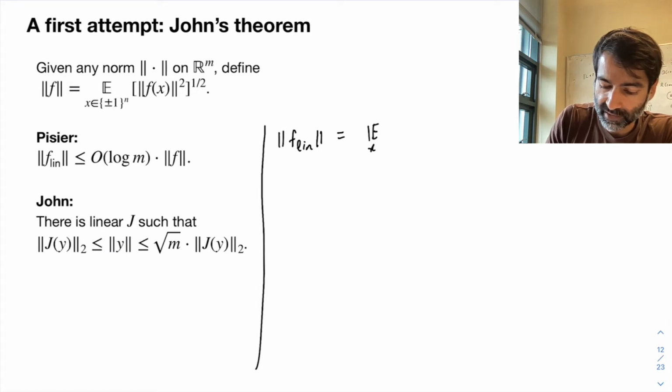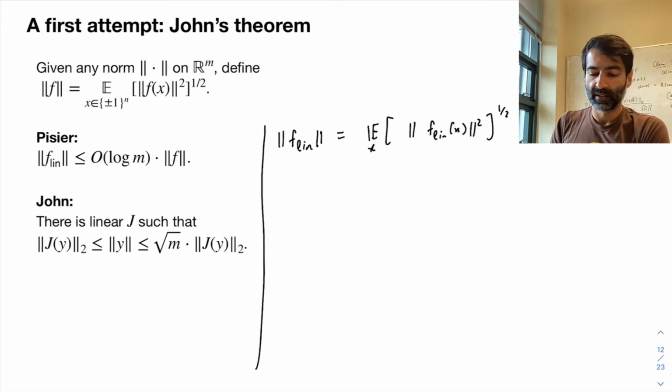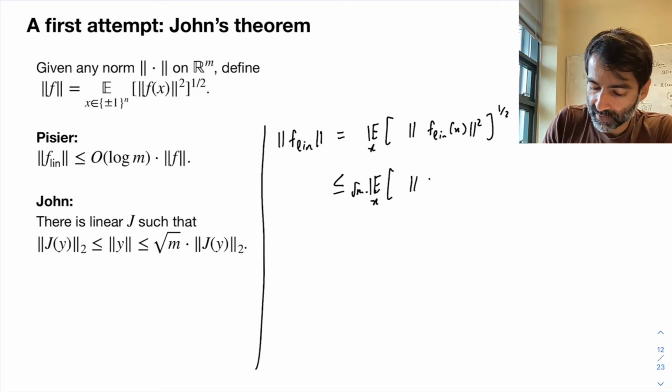This is the expected value over x of the norm of f ln of x squared, to the 1/2. By John's theorem, I can upper bound this by square root m times the 2 norm of J of the linear part of x.